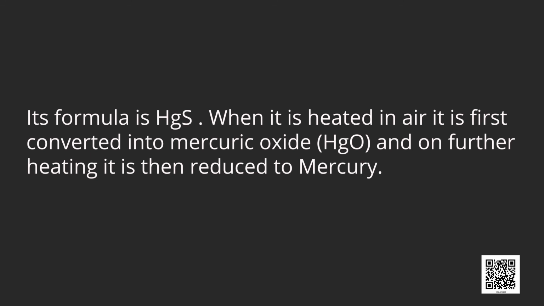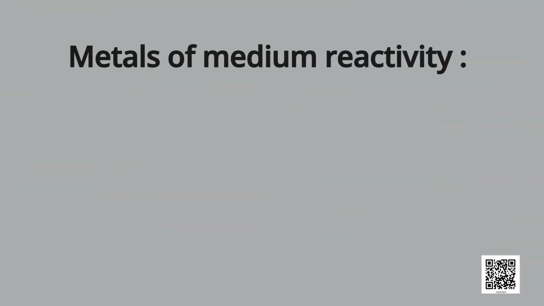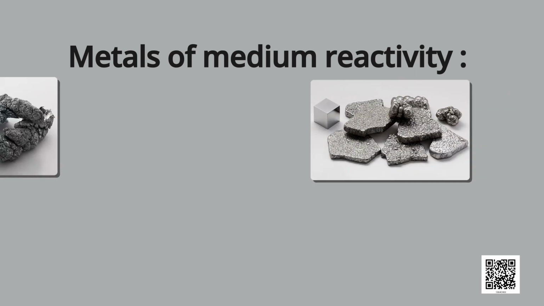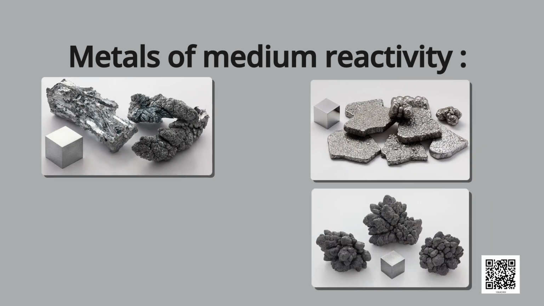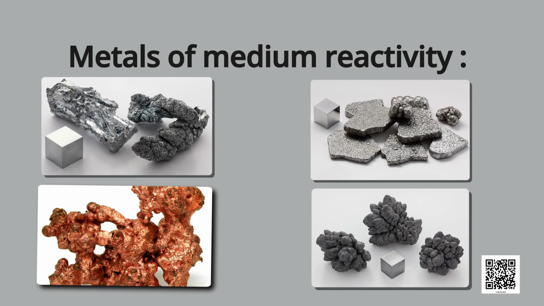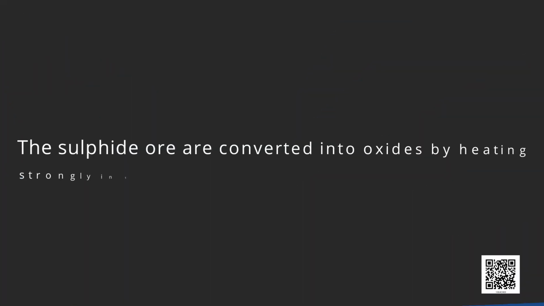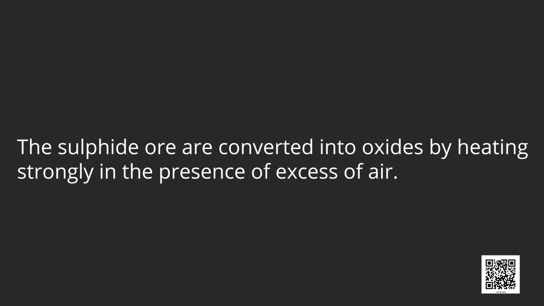Extraction of metals. The elements or compounds of metals which are found naturally in the earth crust are called minerals. At some places, minerals contain a very high percentage of a particular metal, and these metals can be profitably extracted from them.